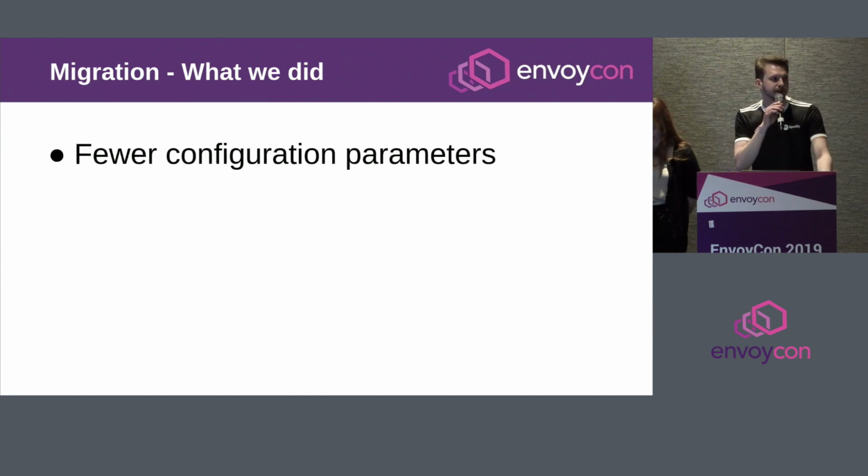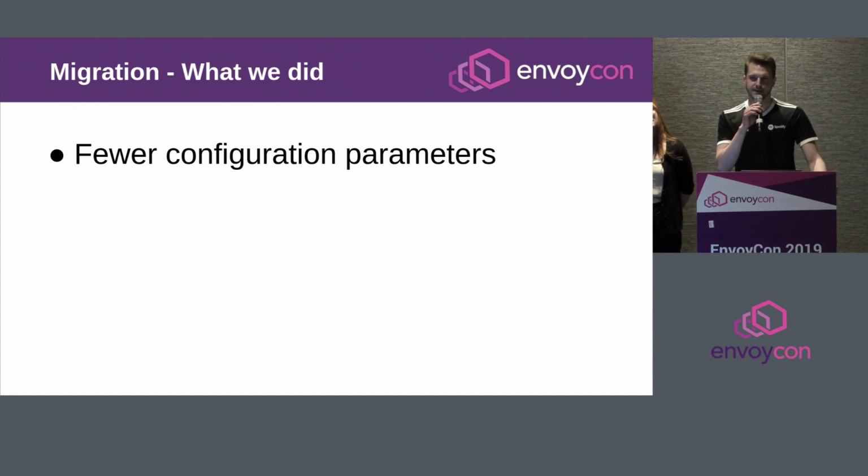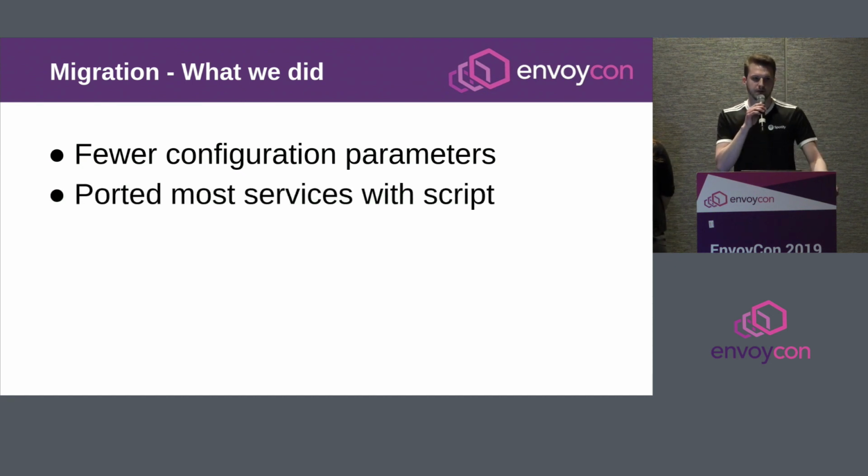So what we ended up doing was we did indeed get rid of a lot of the different configuration parameters. Like was mentioned, some of them were just a no-op, they didn't do anything anymore, or they were duplicates. The majority of services in the old system used a subset of these different configuration parameters, which was a bit simpler and more straightforward.